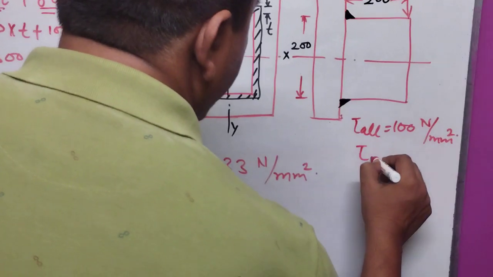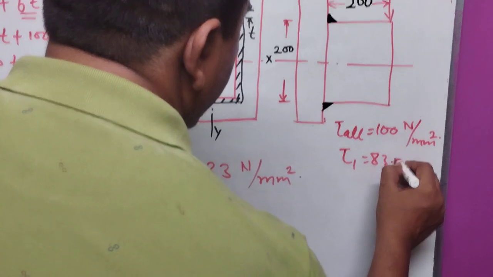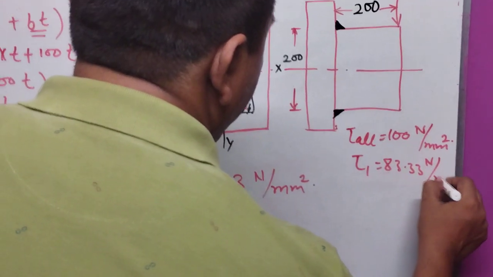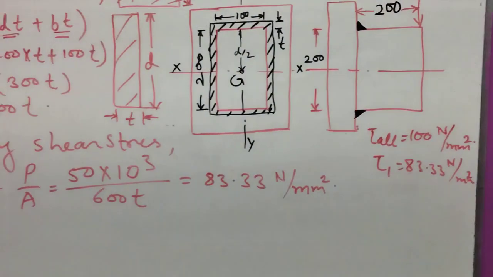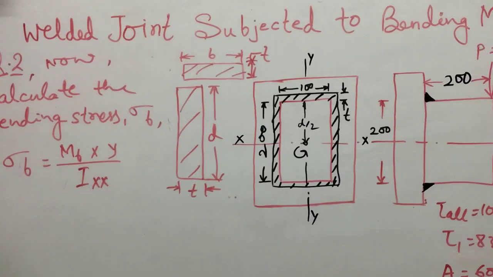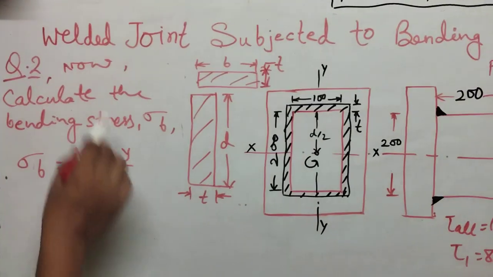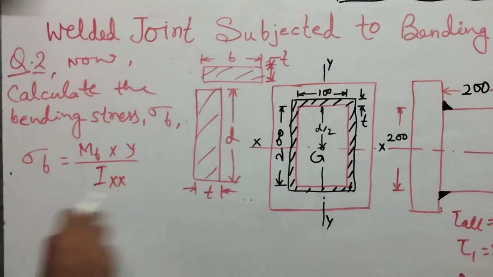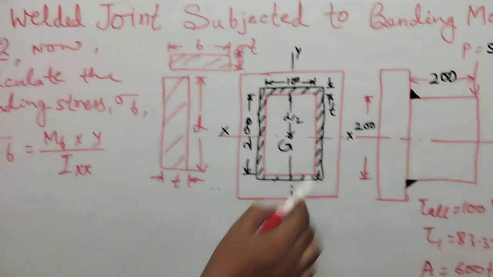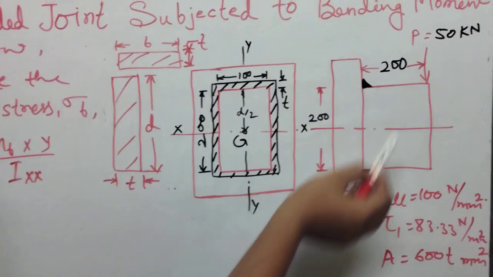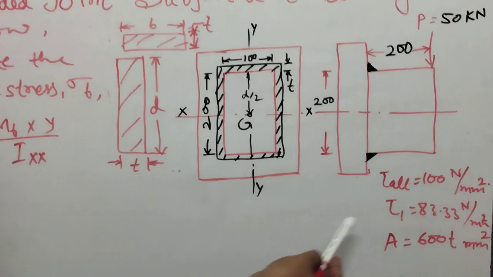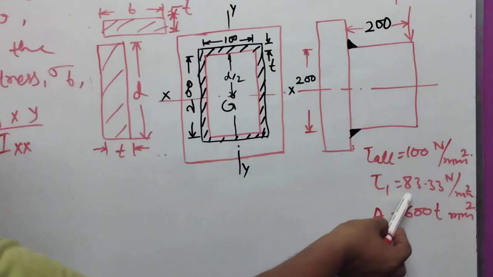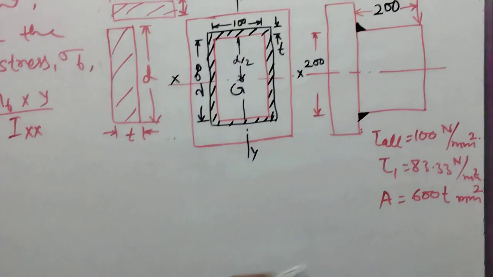After that, we calculate the bending stresses. The load applied is 50 kilonewton, and the primary shear stress we found is 83.33 by T.